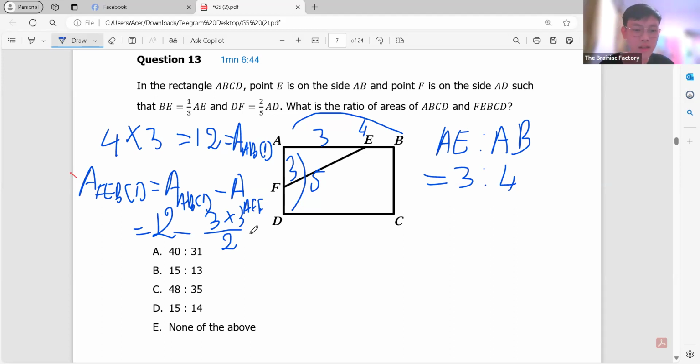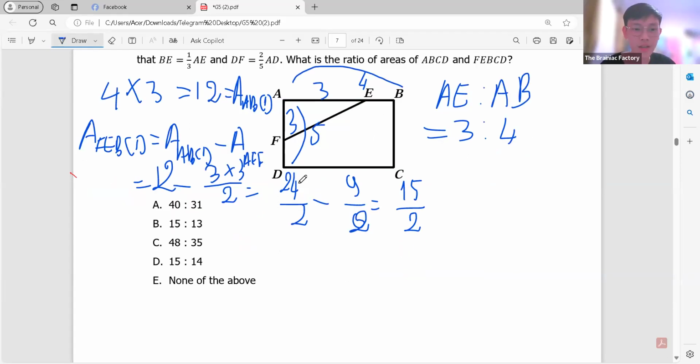Okay, let's just continue. So 12, we can read it as 12 over 2 minus 9 over 2, giving us 15 over 2, right?